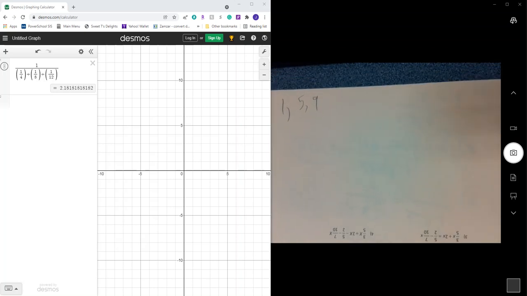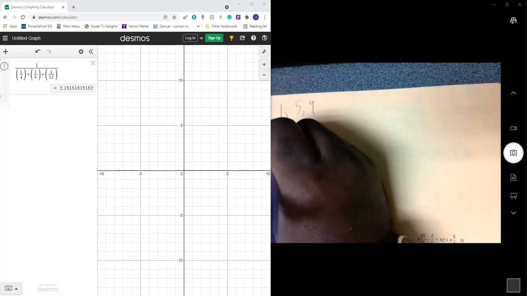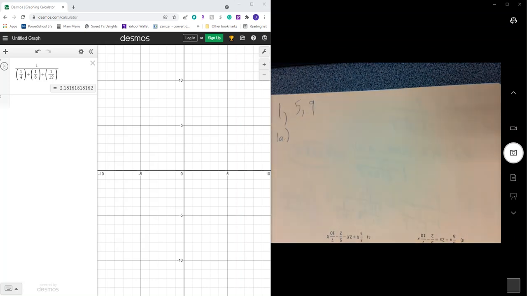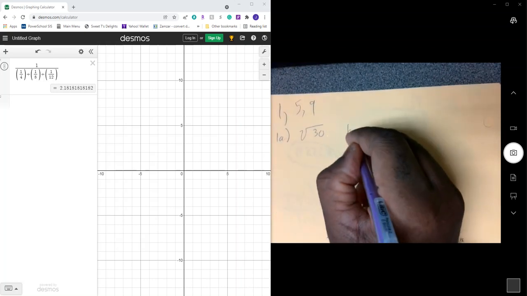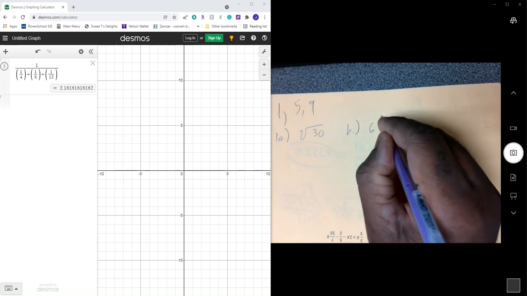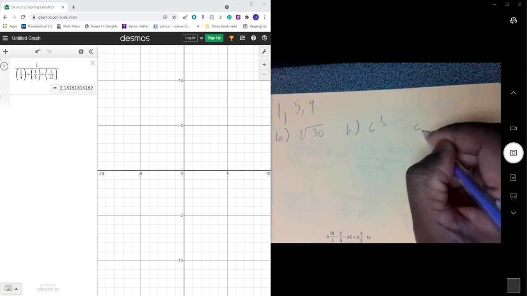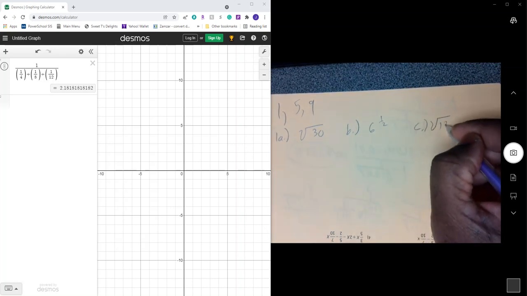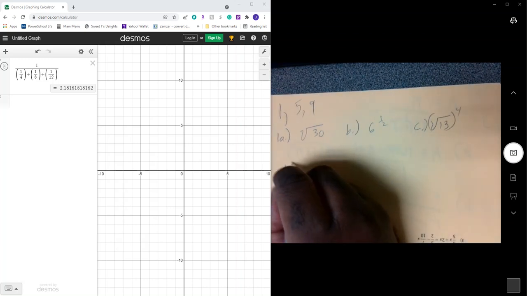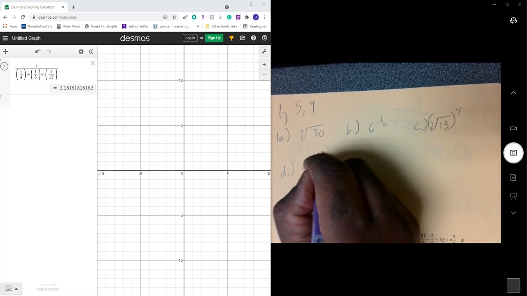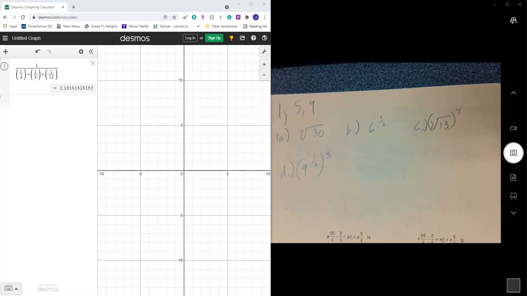Okay, so now for problem number 1, we have using your calculator, determine the value of each number to the nearest hundredth if necessary. So we have the square root of 30, then we have 6 to the 1/2 power, and then we have the square root of 13 to the 4th power, and then we also have d, which is 9 to the 1/2 power to the 3rd.